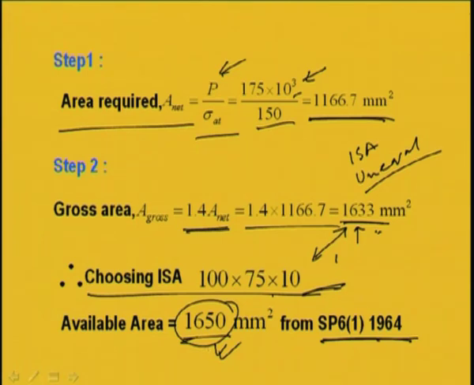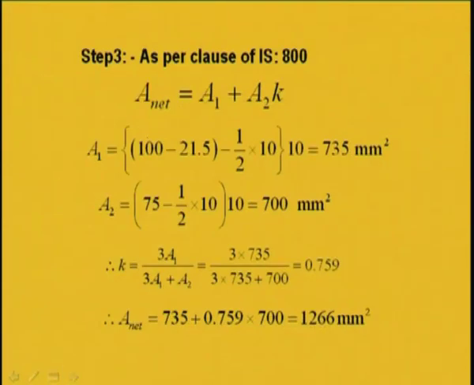Okay, so in this way you can find out. Next, we will find the net area as per the codal provision. What will be the net area as per the clause of IS 800? The net area will be A1 plus K1 into A2. Now, A1 is the area of the connected leg.